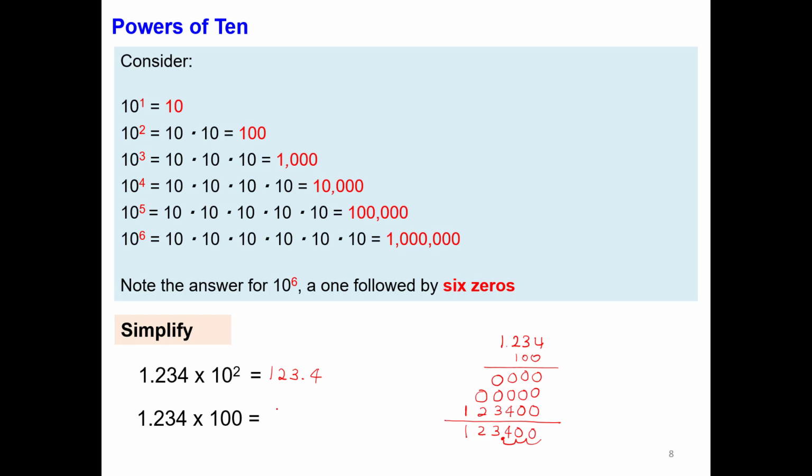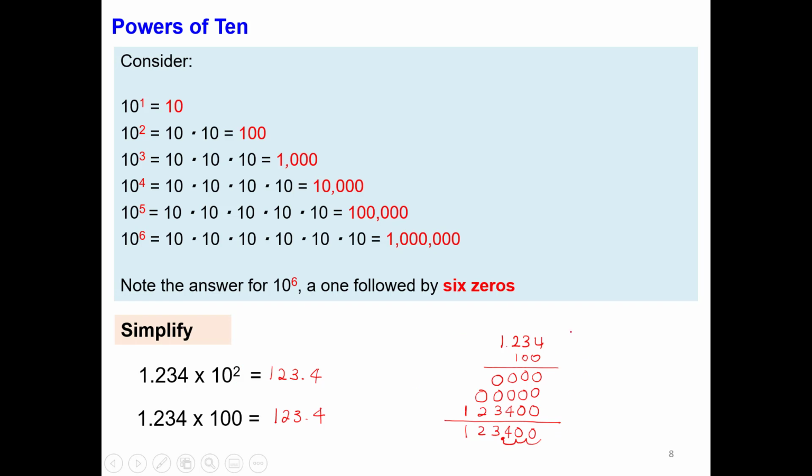These two are the same expression, and the answer is 123.4.